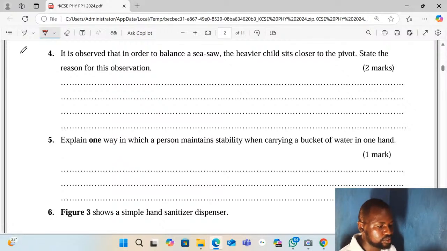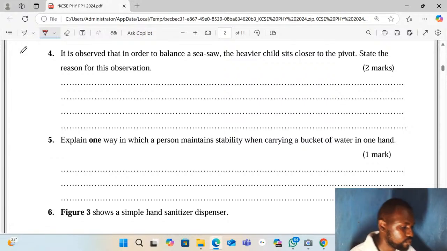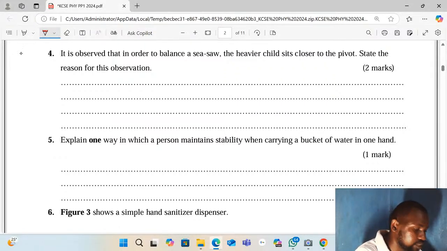State the reason for this observation. The only thing that can result in this is the turning effect of a force. Therefore, we must understand the force must be balanced with the distance from the pivot.